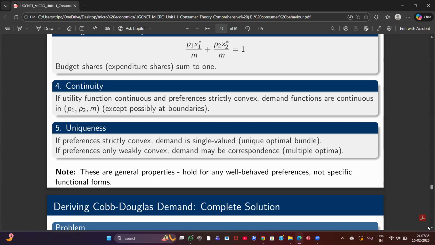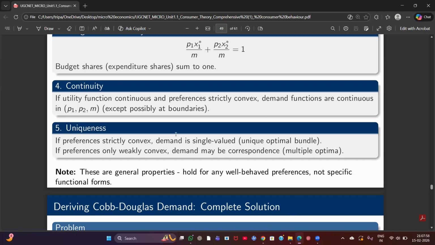It will never happen that for a small change in prices or money income, there will be a sudden jump in the quantity demanded. In that condition, the demand function will not be continuous. The continuous demand function requires that its utility function should be continuous along with its preferences being strictly convex. Okay, this is the continuity property.